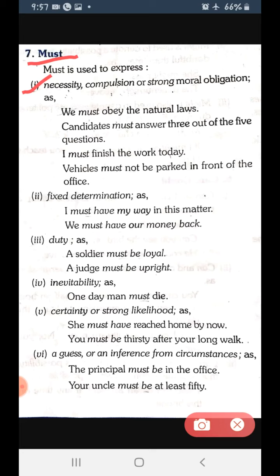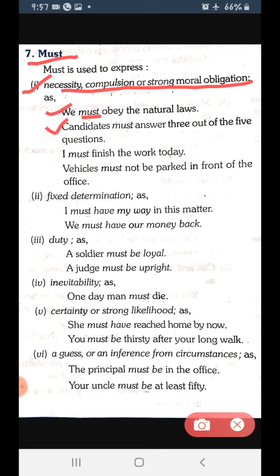Example, we must obey the natural laws. That means it is compulsion. It is compulsory for each and every one of us to obey the natural laws. So we say we must obey the natural laws.